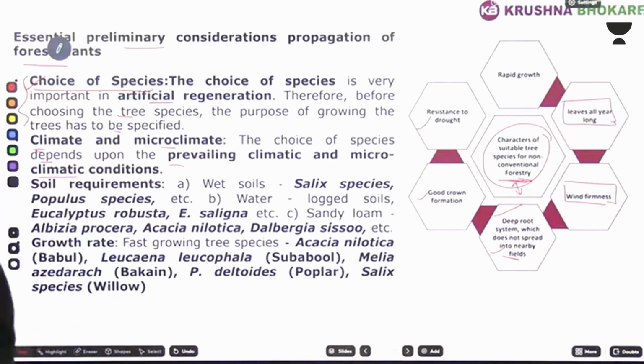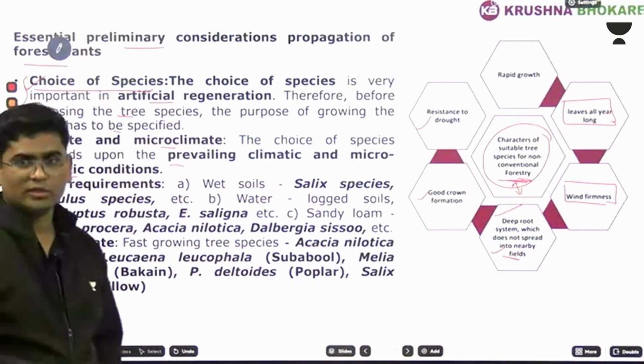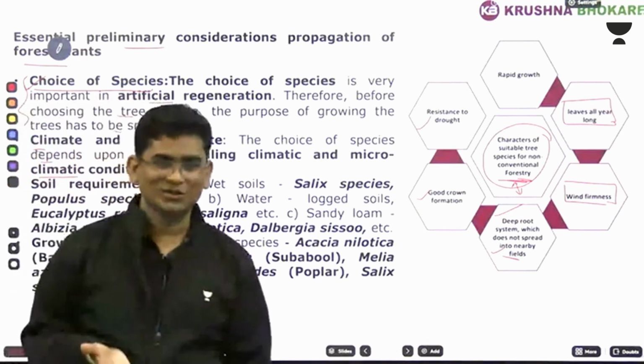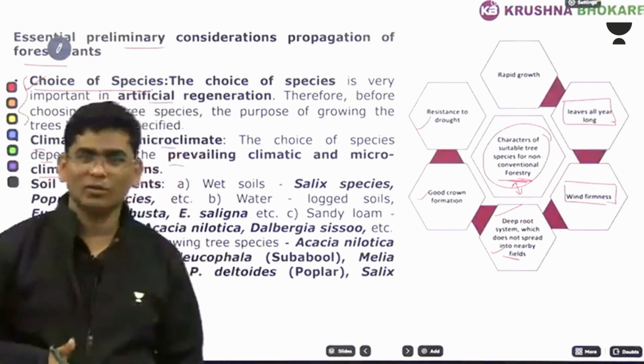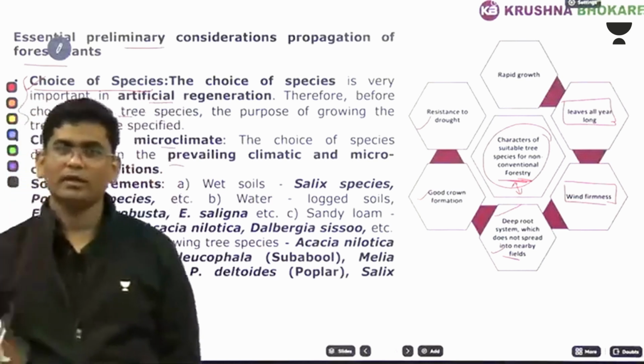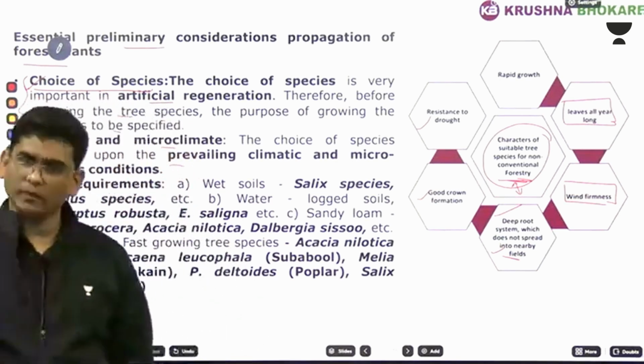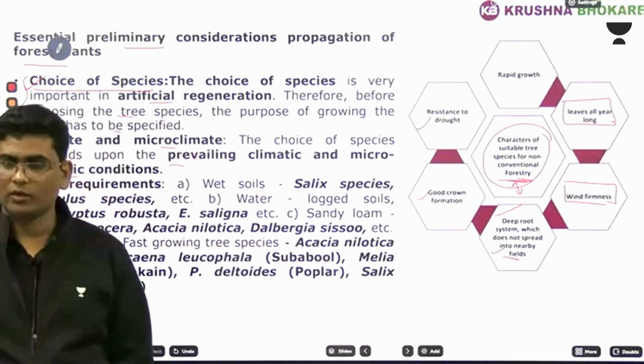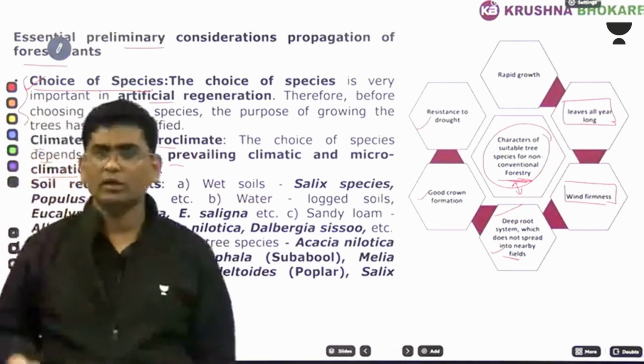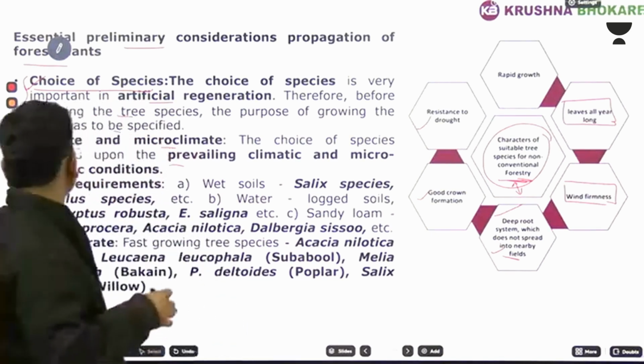Means your tree should be adapted to the local overall climate and microclimate. If your tree is asking for air conditioning, then what is the use? Means don't grow temperate crops in a tropical region, or tropical in a temperate region, है ना. South Indian trees are very adapted to the South Indian climate, North Indian trees are adapted to the North Indian climate, like that. ठीक है.